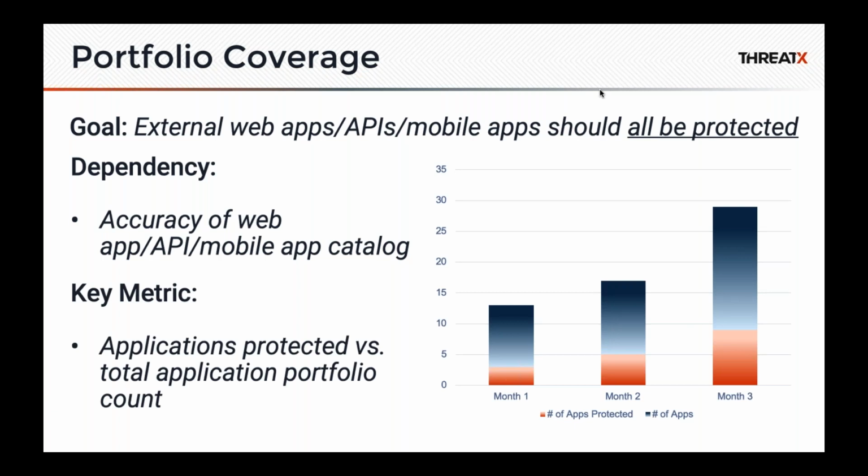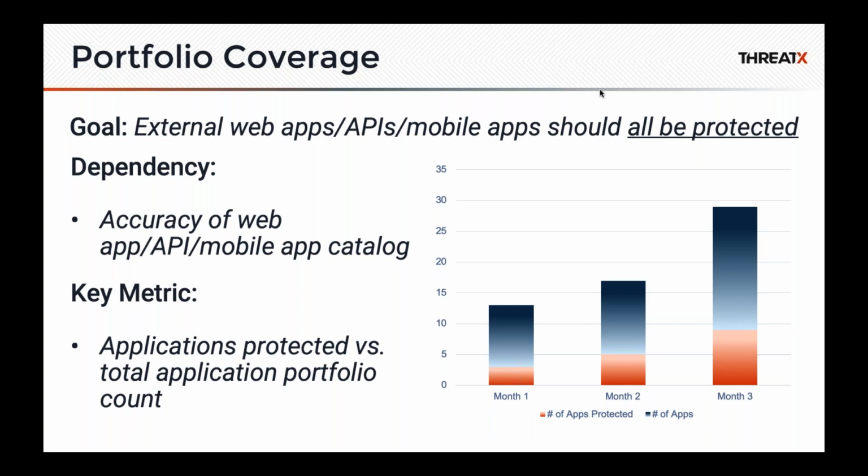So it shows the number of applications and APIs in your enterprise that are under protection over time. And see here, the metric is being trended on a monthly basis, identifying the number of apps and APIs protected versus the total number that are cataloged.